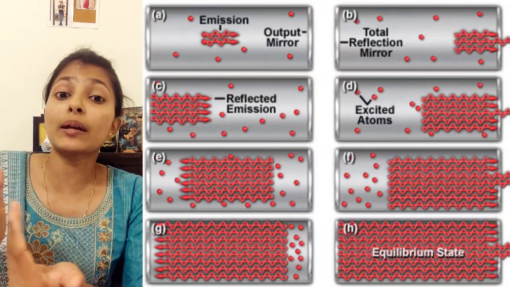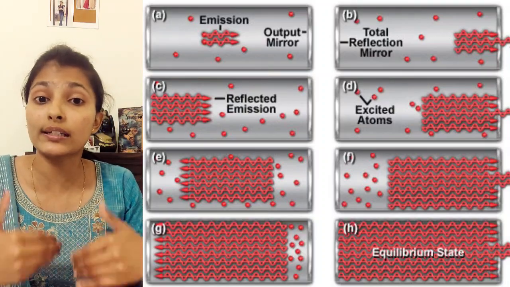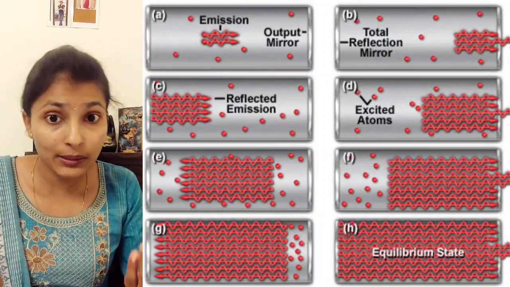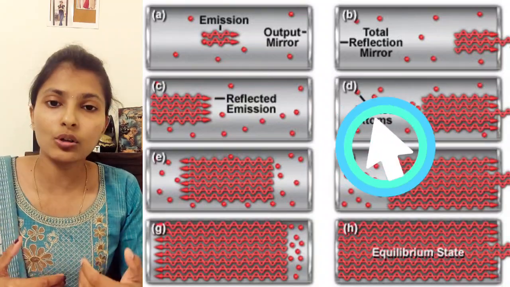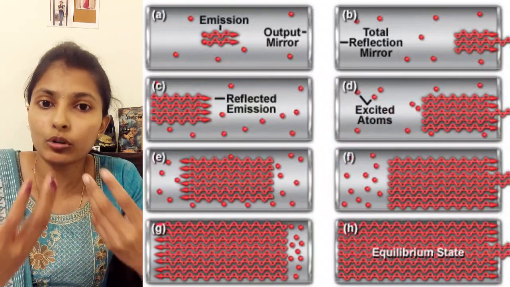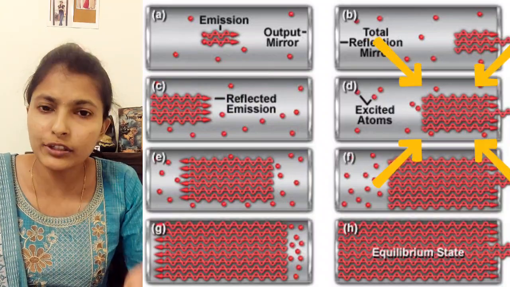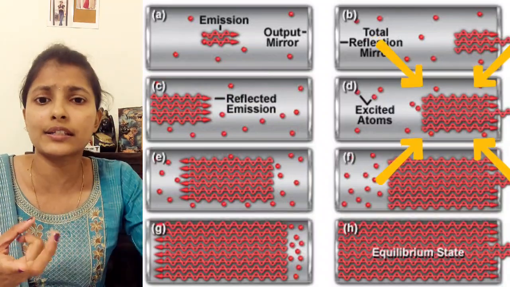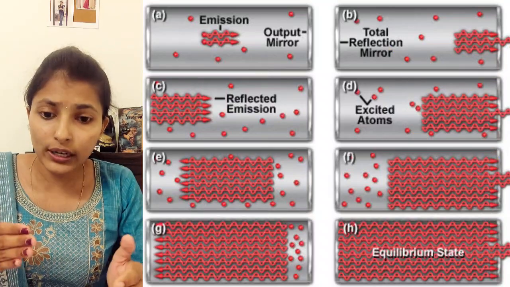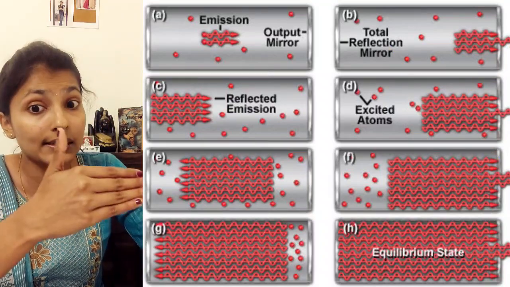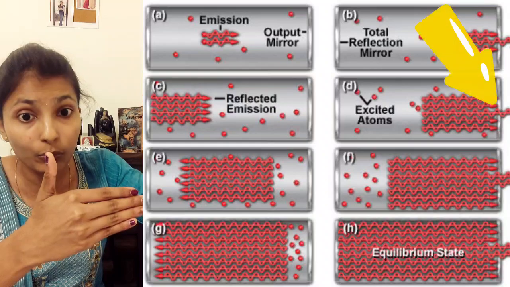Whenever they come back, again they hit some electrons which might already be in a stimulated state, because the population is already inverted. So again they release more quanta with similar energy, same direction, same phase difference. Again they travel to the opposite side, where one more mirror is there.